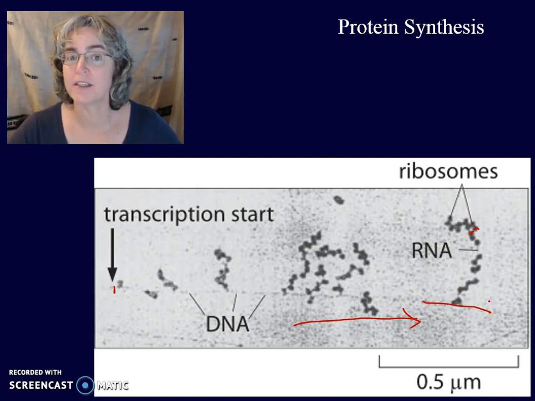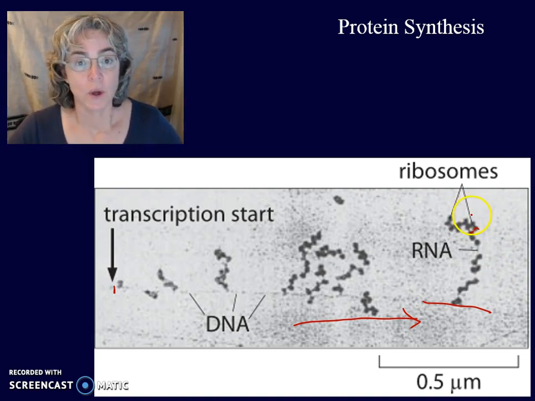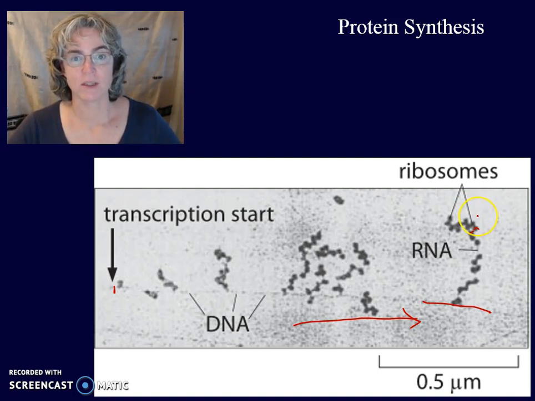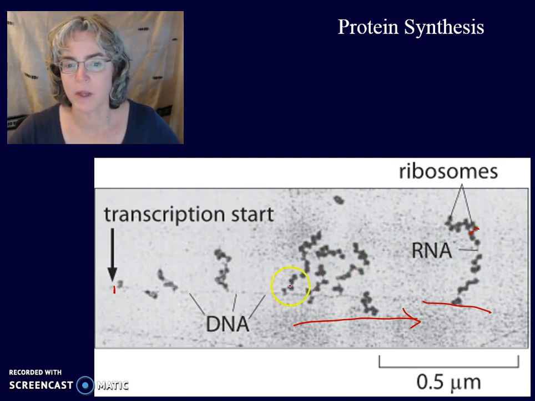In eukaryotes, the DNA always stays in the nucleus, and the ribosomes are made in the nucleolus, but then go straight out into the cytoplasm through the pores, where translation happens outside in the cytoplasm. So what's interesting is here transcription and translation are both happening at the same time.